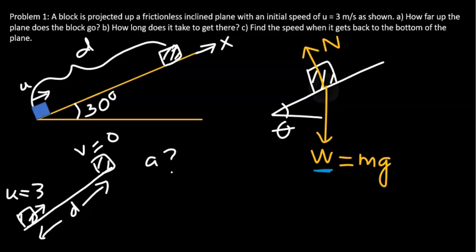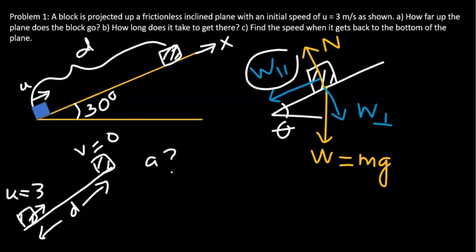One component is acting perpendicular to the plane, and the other component is acting parallel to the plane, W parallel. It is this component that is slowing the block down. So let's figure out what that component is.